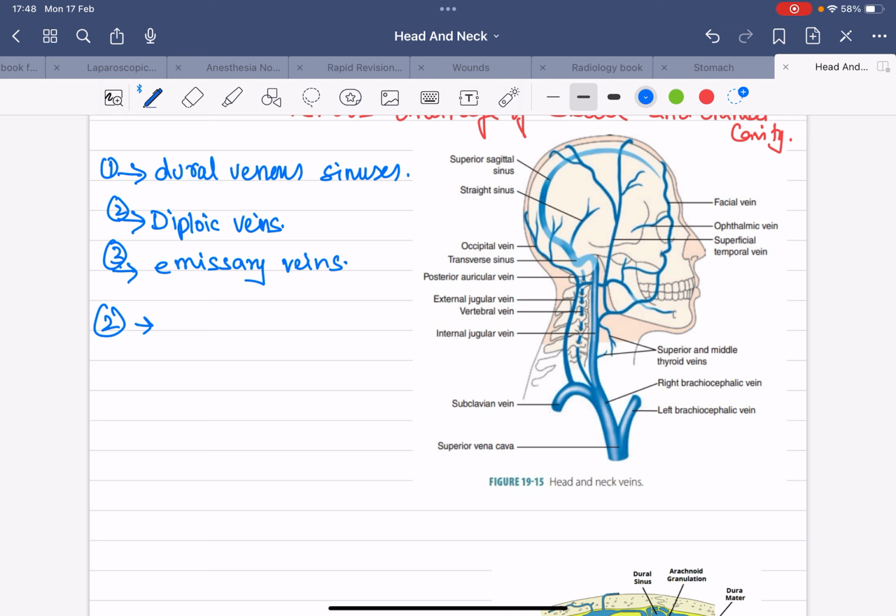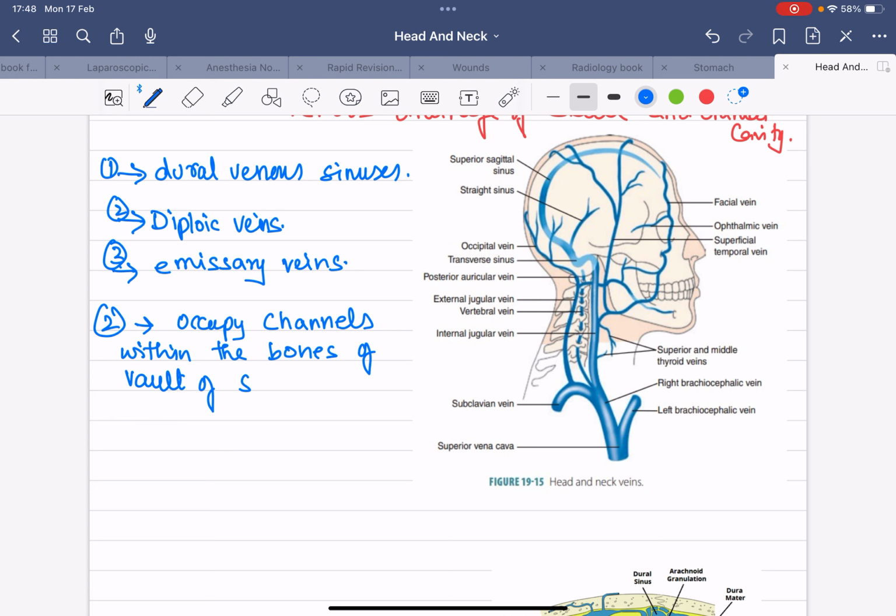Diploic veins, please remember, are the veins which are occupying channels within the bones of the vault of the skull.